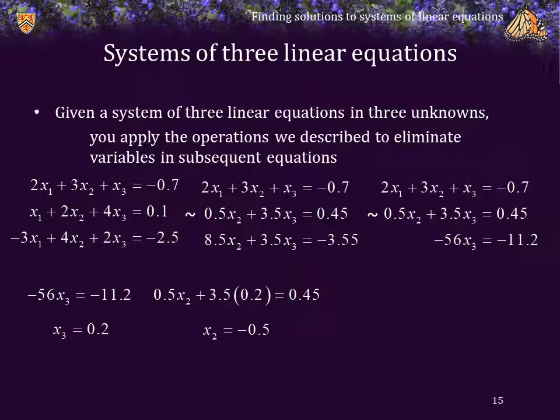Finally, we can substitute both x3 and x2 into equation 1, which gives us this equation here. Notice now at this point, this equation has only a single variable in it, and that is x1, and we can solve for x1 to get the solution there. Thus, the solution vector is the three-dimensional vector with entries 0.3, negative 0.5, 0.2.